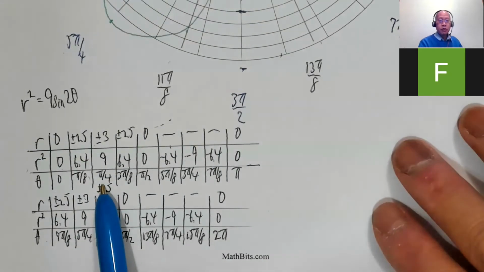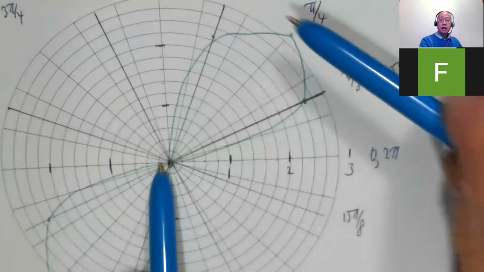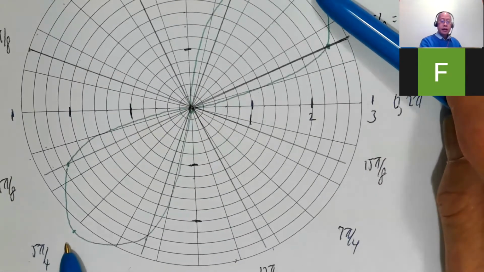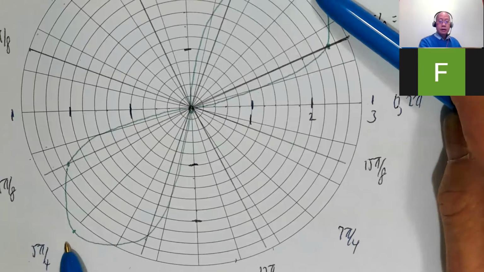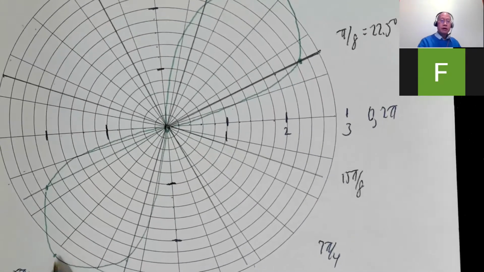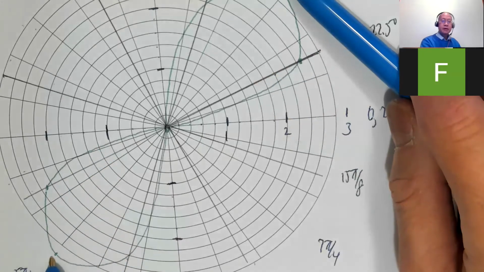And then pi over 4, 45 degrees, plus or minus 3. Here's positive 3, the 15th circle. And here's negative 3. So I reached the r of 3, which is my 15th circle, out to here. So the graph progresses like so, and then it goes like that.